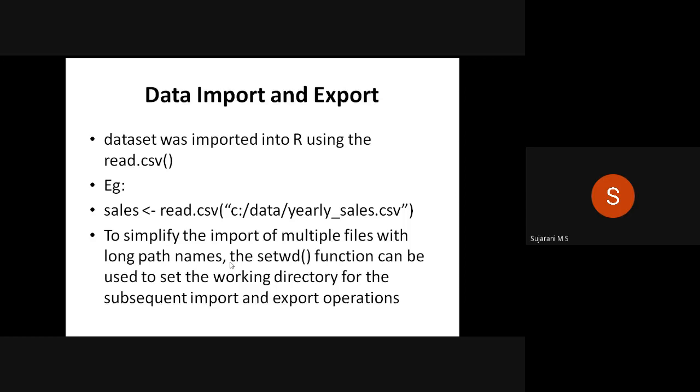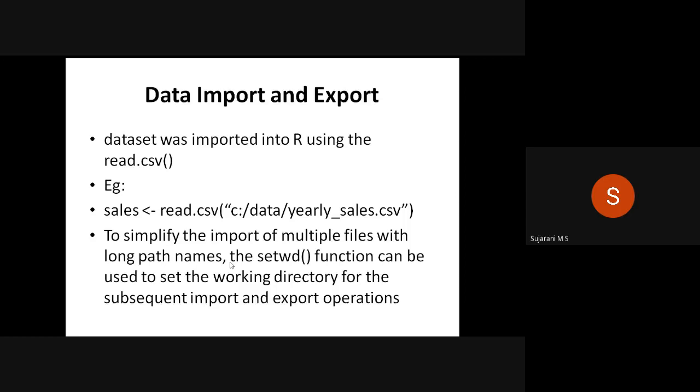Instead of providing this, we can give the setwd function before this statement, which sets the current working directory. Then we can provide read.csv with only the name of the file, that is yearly_sales.csv. Clear? Okay, this is the first data import function used in R programming.